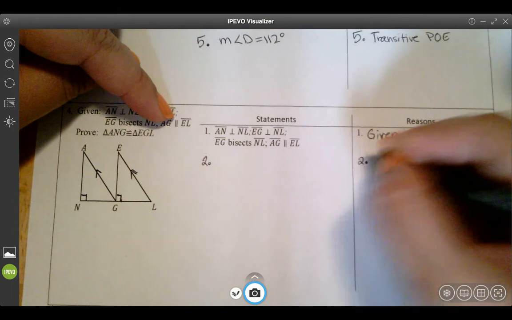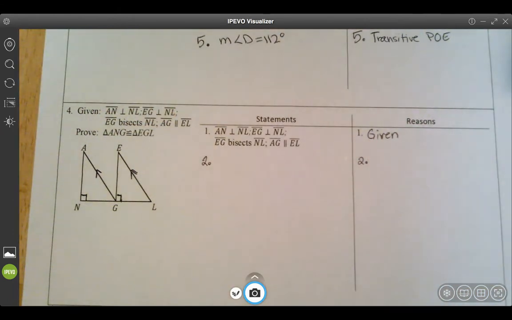Step 2. Okay, so be careful. This is when there's a lot of temptation to think of those arrows as congruency marks. They are not congruency marks, they are parallel marks, and that's why I like to almost always immediately draw my Z as soon as I have those parallel marks. Okay, so then the question is, which transversal are we going to use, right?